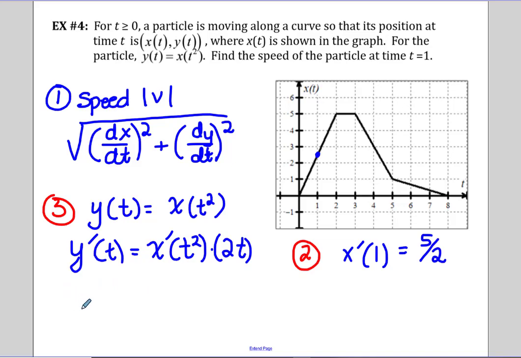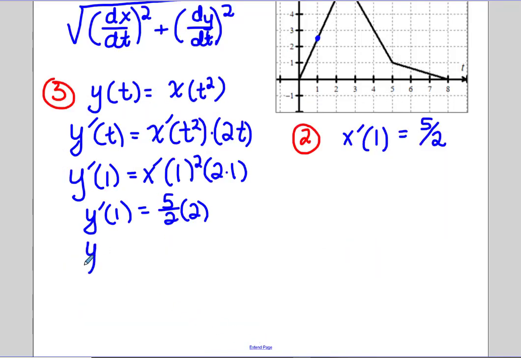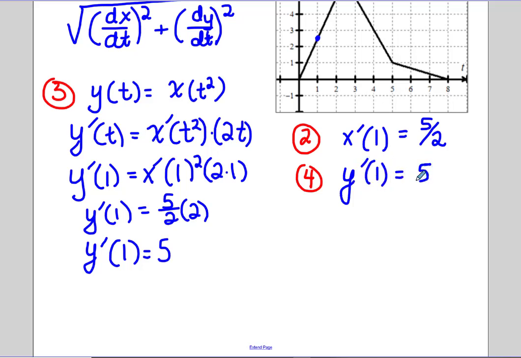And we want y prime of 1. So the y prime of 1 is going to be x prime of 1 squared times 2 times 1. And the x prime of 1 is 5 over 2 times 2. So our y prime of 1 is 5. So we know the slope for 1 on x and the slope on y.